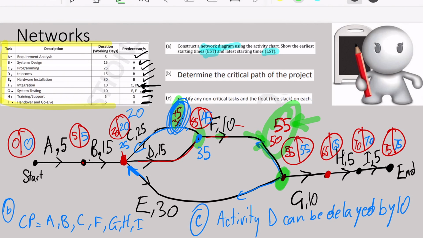So there, in other words, activity E can also be delayed by how many days? Well, look at the difference between these two numbers, by 5 days.